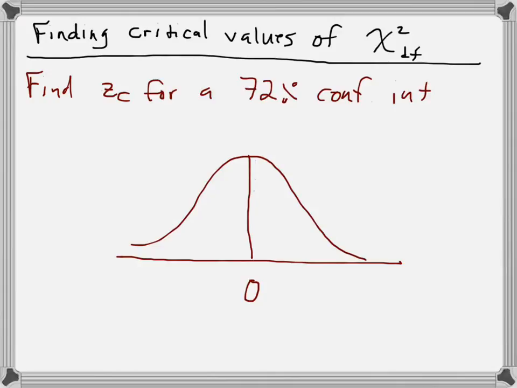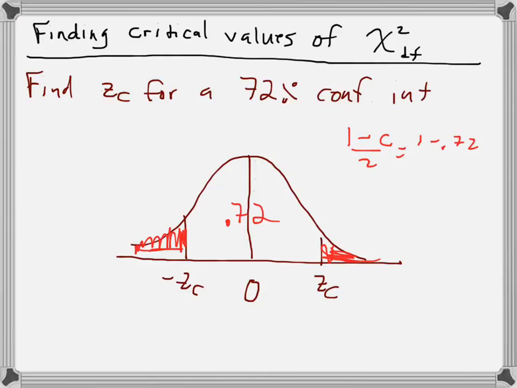So when we had to find the critical value at a 72% confidence level, we said we needed the middle 72%, and then we needed to find the area under the tails, which was 1 minus c over 2, or 1 minus 0.72 divided by 2. That's 0.28 divided by 2, so 0.14.